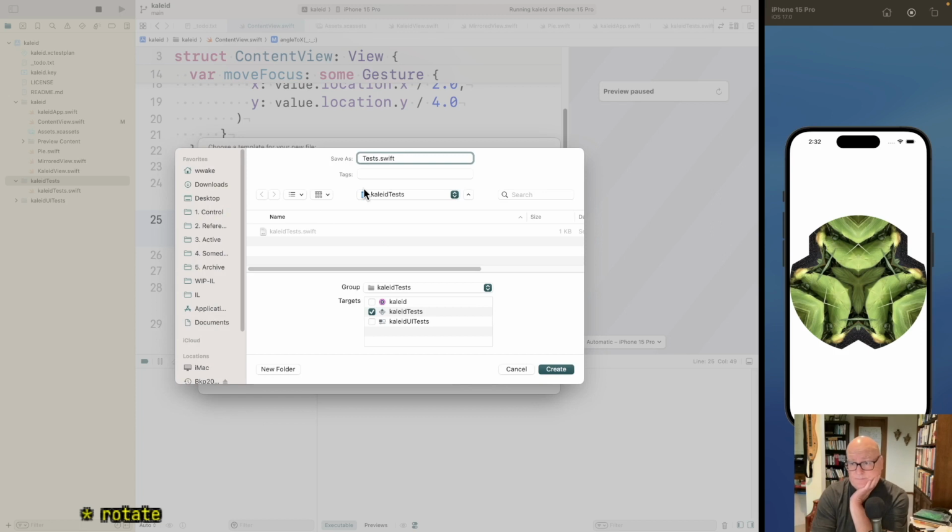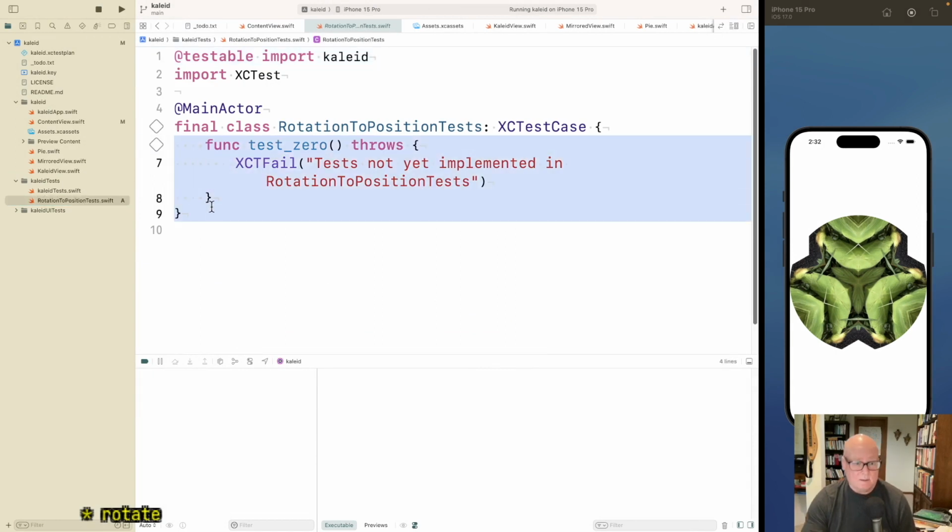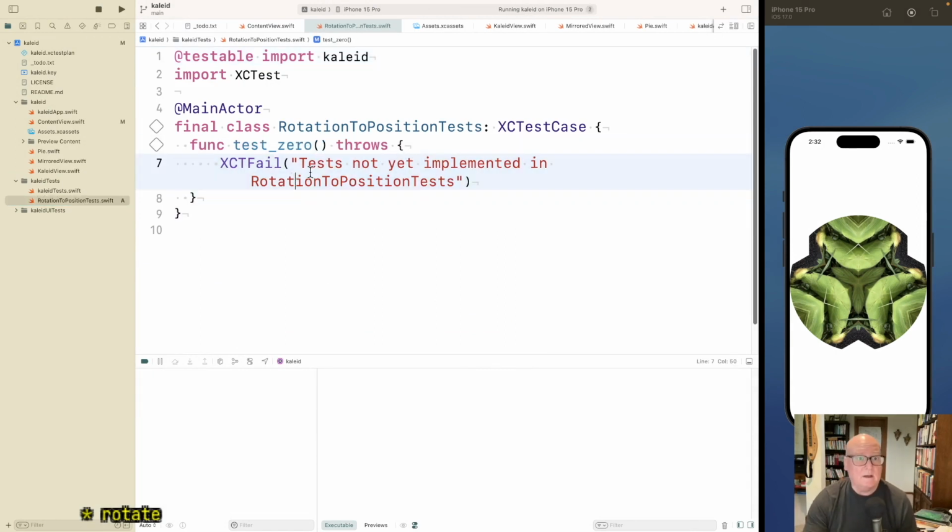It's rotation to position tests. We'll find better words. Okay, so the test is values below 2 pi. No, below.